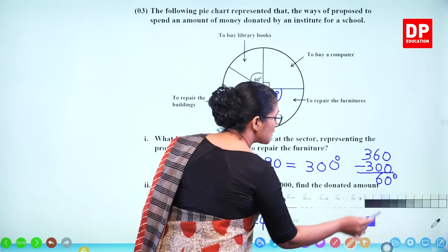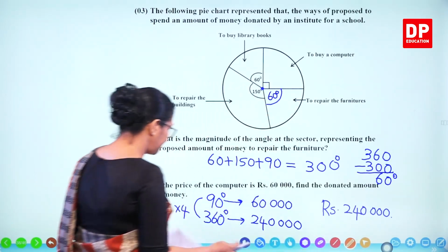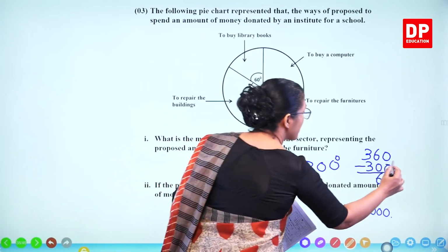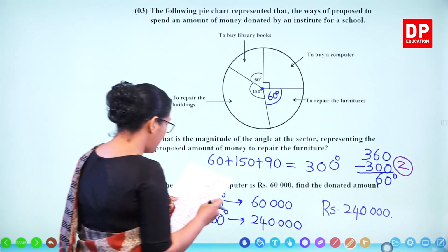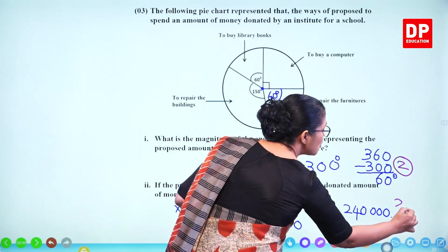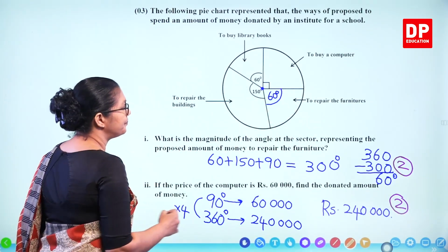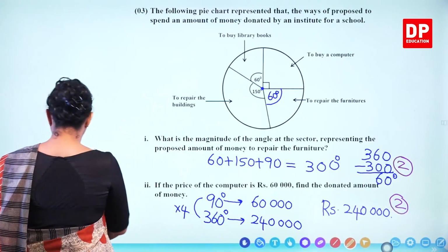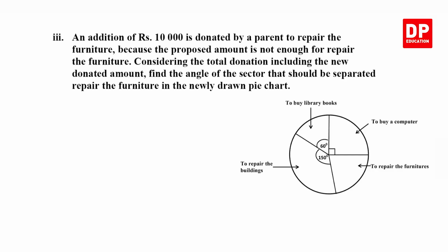So how many marks for these two steps? You get 2 marks for the 60-degree angle and 240,000, another 2 marks. Now we'll try to do the next part. So we found out this is 60. We'll continue.